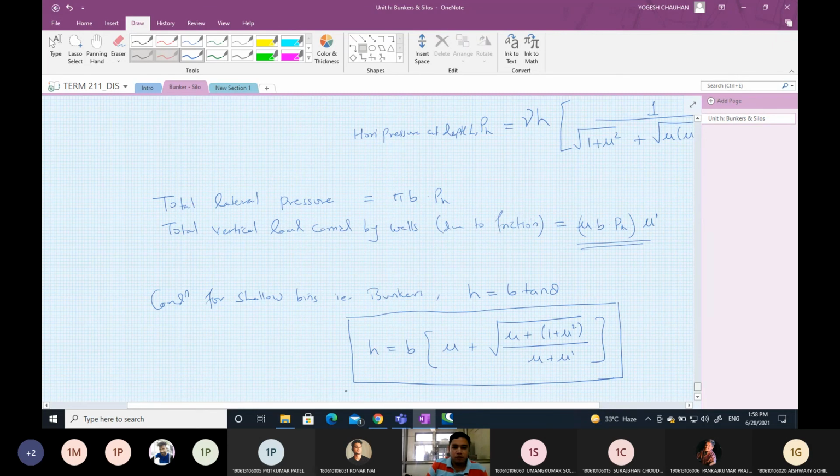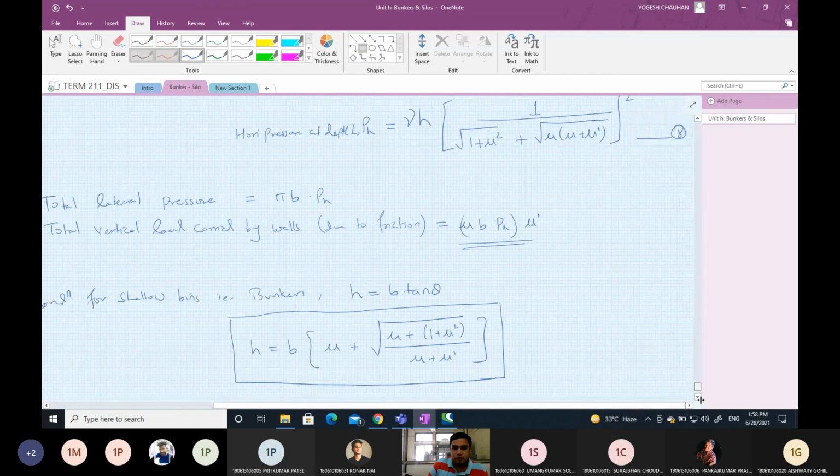Okay, this is the depth up to which the bin will act as a shallow bin, that is bunker.